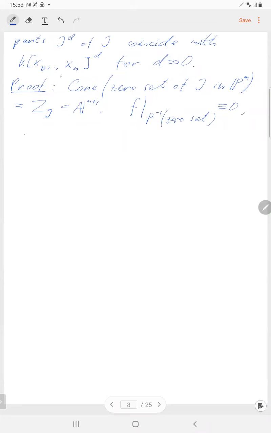And also F at the origin is zero because F is homogeneous. So it implies that F vanishes on the whole cone. Okay, and then we apply just the usual Nullstellensatz.